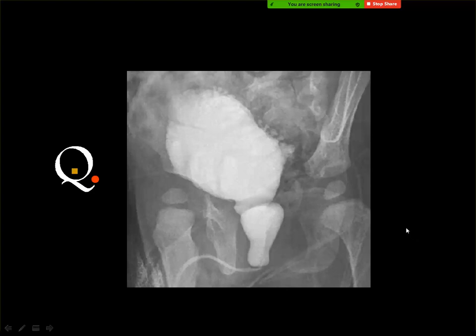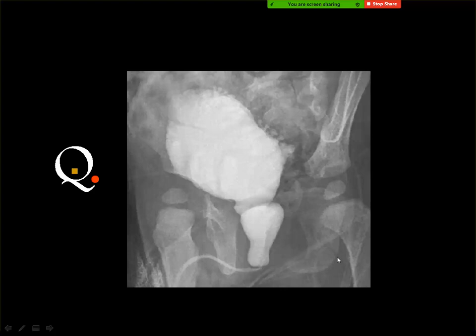Urethral stricture with back pressure on the urethra, and back pressure effect on the urinary bladder with diverticuli.